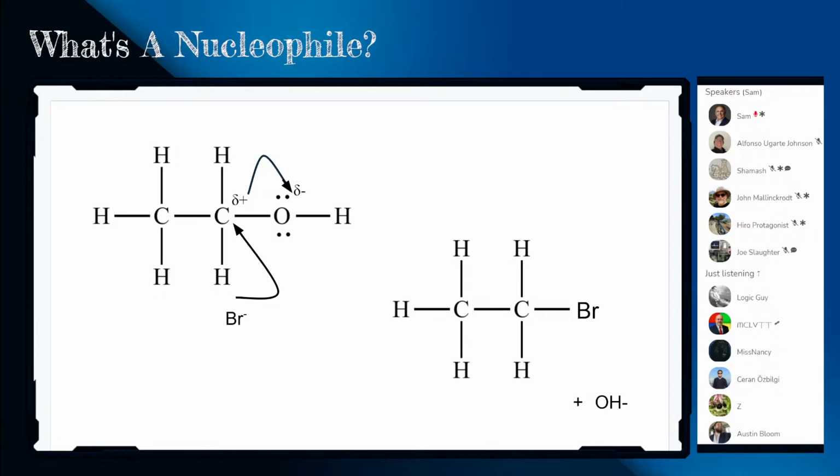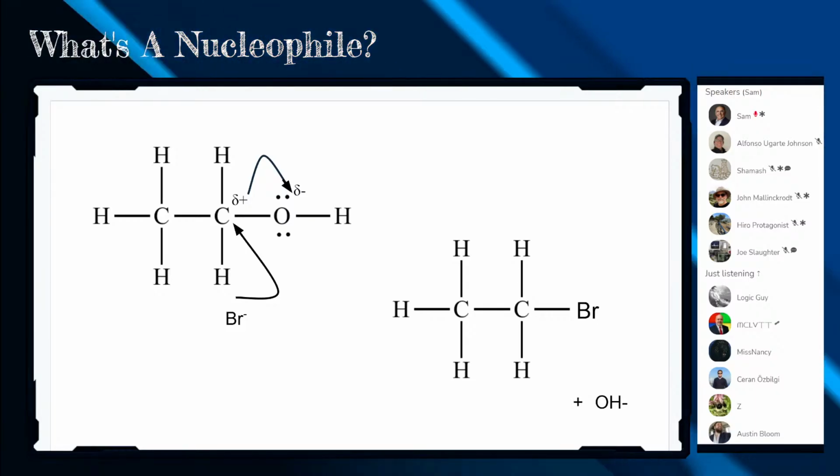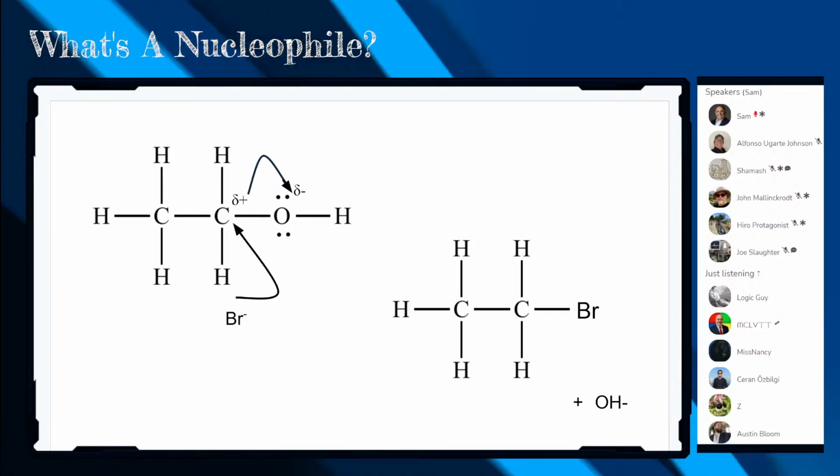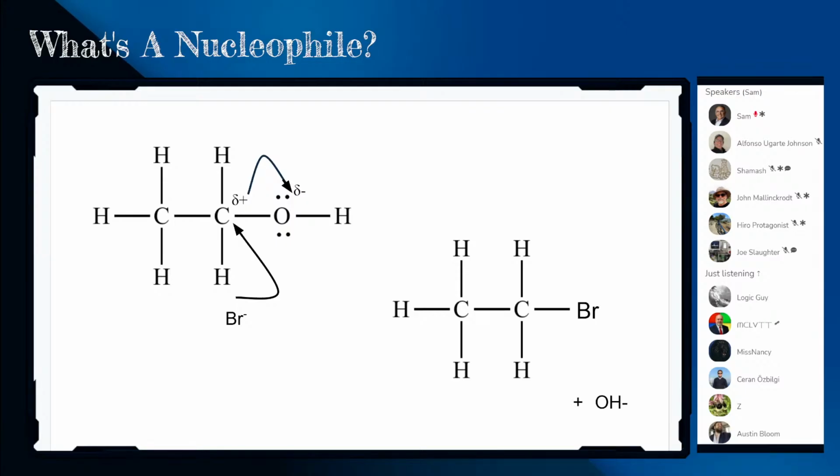Is there any reason why the bromide wouldn't first go towards a hydrogen as an intermediate step, but it's just so instantaneous that it's never seen? Yeah, statistically. So if Br minus grabs the proton, it makes HBr.